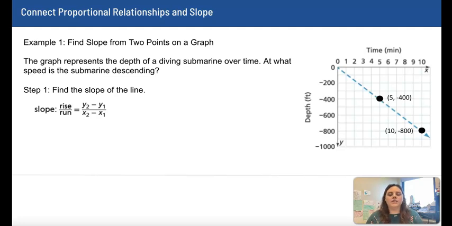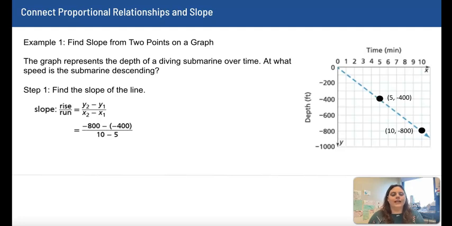We're going to find the slope of the line, and as you can see here, slope is represented by rise over run, or the difference in my y values over the difference in my x values. Now we use that little subscript 1 and 2 to really just say the y value from point number 1 and the y value from point number 2, the x value from point number 1 and the x value from point number 2.